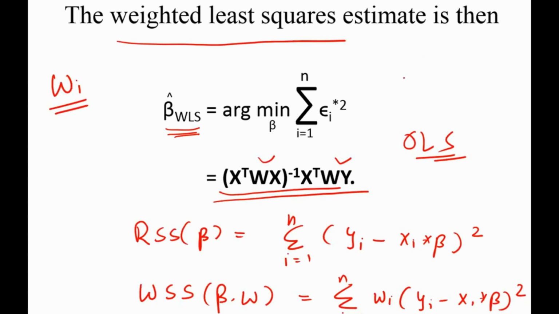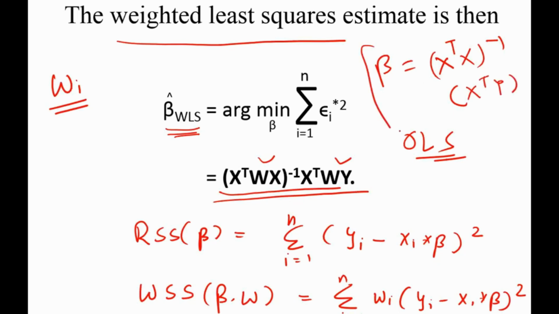In OLS, you find the beta parameters as the inverse of X transpose multiplied by X, and then this multiplied by X transpose multiplied by y. Now this is how you find the estimates for ordinary least square. Well, here we are simply adding one more term, which is the vector of different weights.